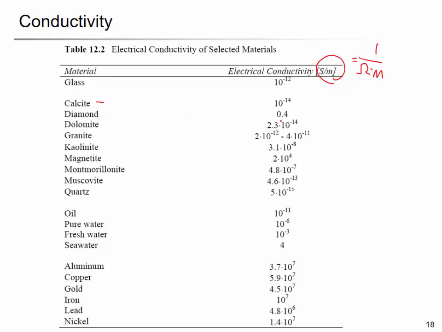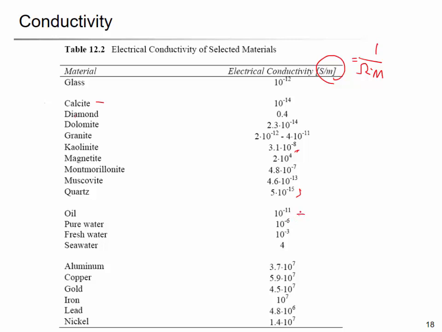And diamond has some, and kaolinite itself, dry kaolinite, is very low conductivity, and magnetite, that's 10 to the 4, so it has some electrical conductivity. And quartz, 10 to the minus 15, so it's just non-conductive. And oil, pure water, fresh water, seawater, you can see the difference, right?